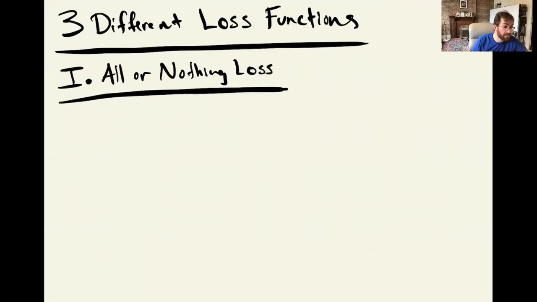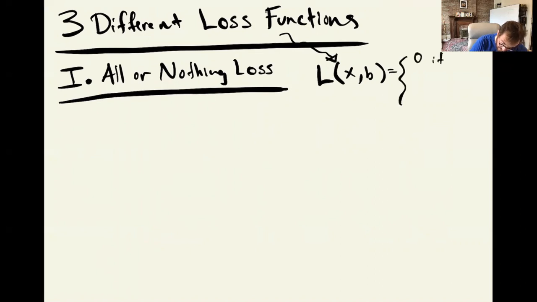So explicitly what this means is, and again, we're looking here at L of X, B. That is our loss function, where it's going to be some amount, maybe 0 if X equals B, and then some amount of money if X does not equal B. Of course, since we're saying lose, we don't need to incorporate that minus sign in there.